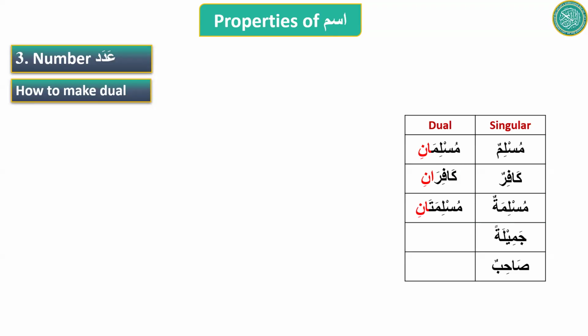Next word, Jamilatan. This is nasab status now. It's not Jamilatun. Jamilataini. Very good. Sahibun. Sahibani. We have to look after the status as well. Okay, thank you, Sister Aisha.